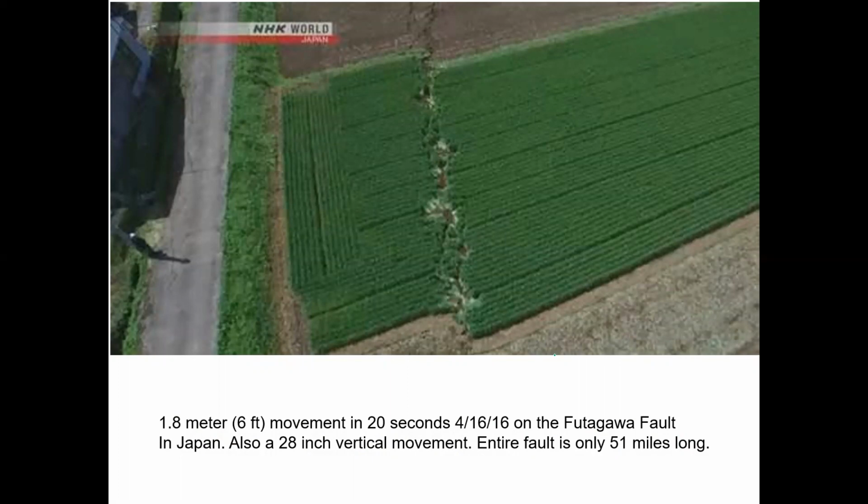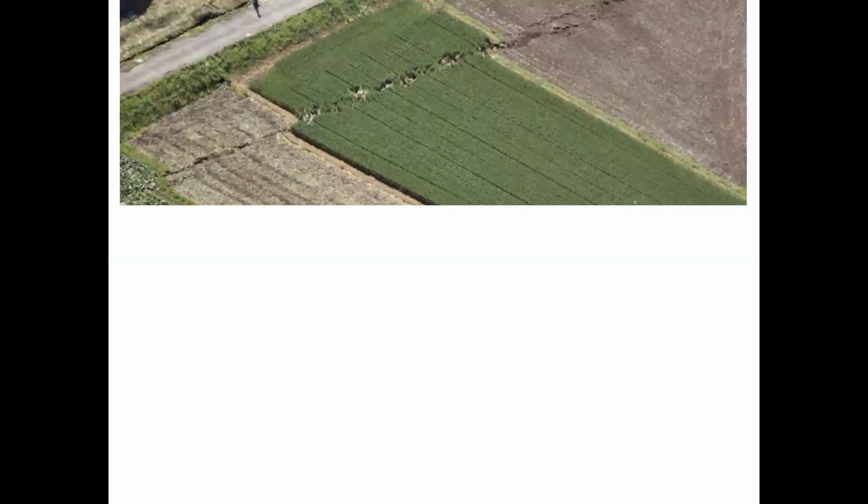So what type of fault is it? Well, if you're standing over here, it looks like the other side moved to your right. So that's a right lateral. And if you're standing over here, it looks like that side moved to your right. So that's also a right lateral strike slip fault. There's another view of it.